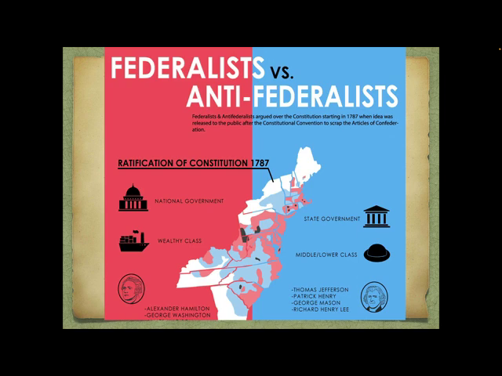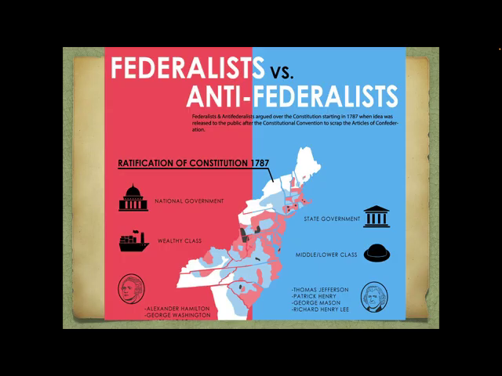They tend to come from a wealthier group, as you see over here on the left side. They're made up of people like Alexander Hamilton and George Washington, some of the founding fathers that you're very familiar with their names. And they want a strong national government like this document creates. But then you've got the blue side, the side that thinks this is a scary thing. They become known as the Anti-Federalists. They don't want this Constitution.